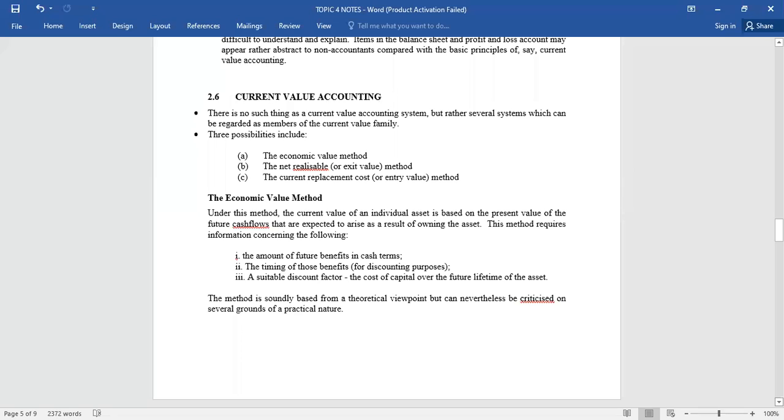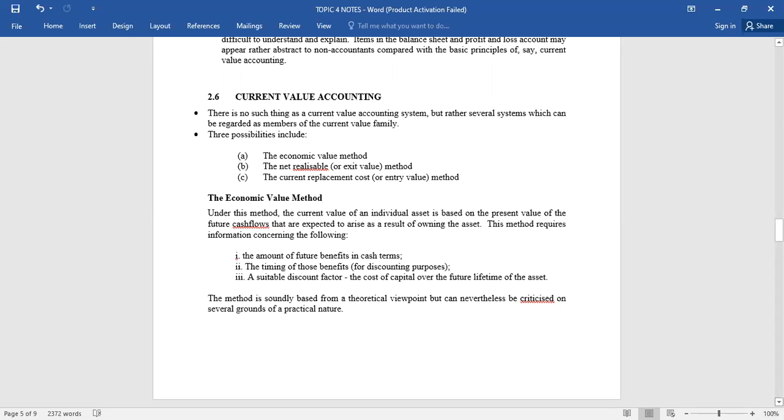Now we've had the economic value, so I don't need to go back. We've indicated that under this method, our current value of an individual asset is based on the present value of the future cash flows. What we normally do is try to discount them to the present, right? So discounting, we did not go back to the discounting methods.